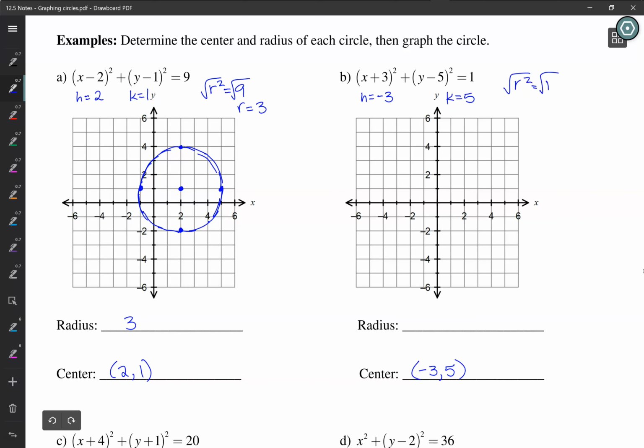Take a square root. Well, the square root of 1 is 1. So radius is 1. So left 3, up 5. Go 1 in each direction. I have a much easier time drawing them when they're small.